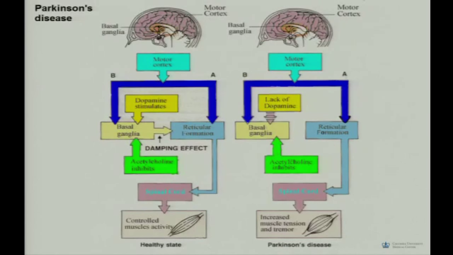With Parkinson's, or with any kind of Parkinsonian-like disorder, we have a progressive lack of dopamine in the basal ganglia. There's actually a group of neurons in an area of the basal ganglia called the substantia nigra.